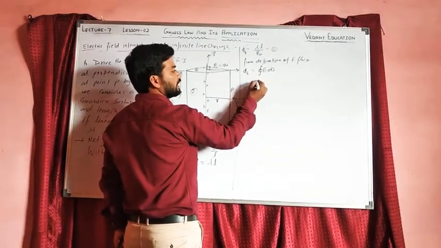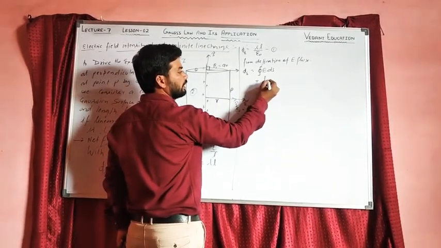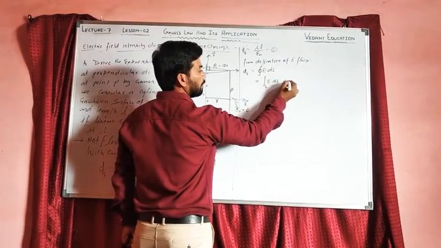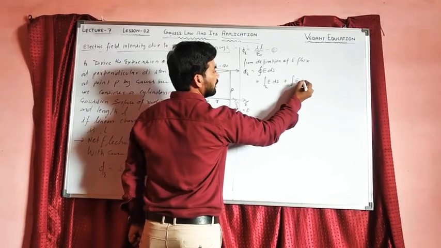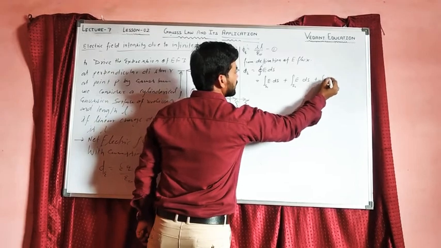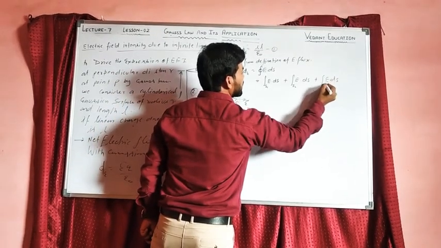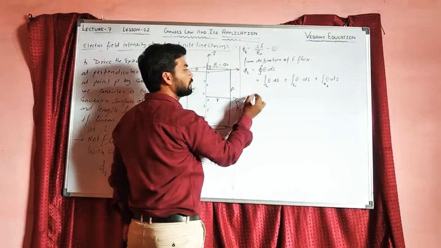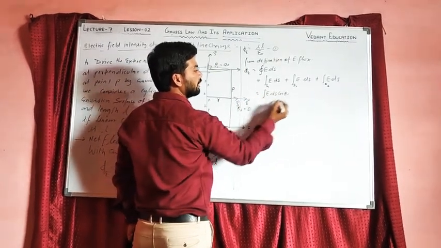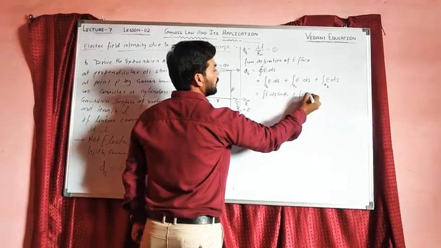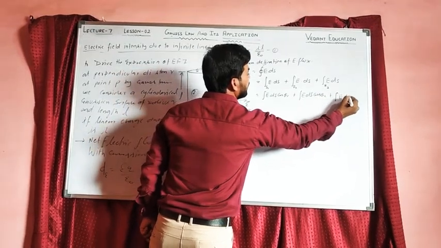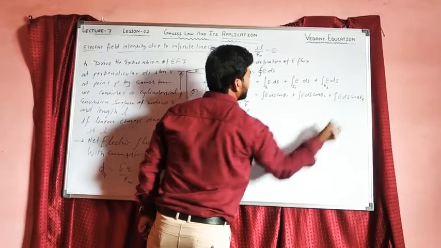So this equation can be written as the integration over S1 of E dot ds, plus the integration over S2 of E dot ds, plus the integration over S3 of E dot ds. Omitting the dot sign, it is E ds cos theta 1 plus E ds cos theta 2 plus the integration of E ds cos theta 3.